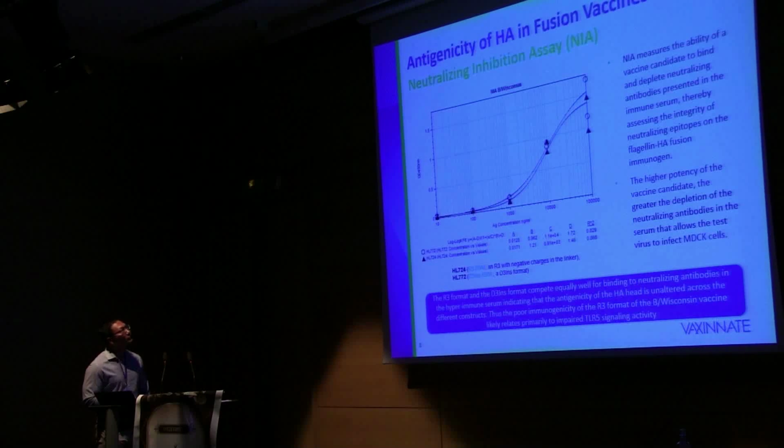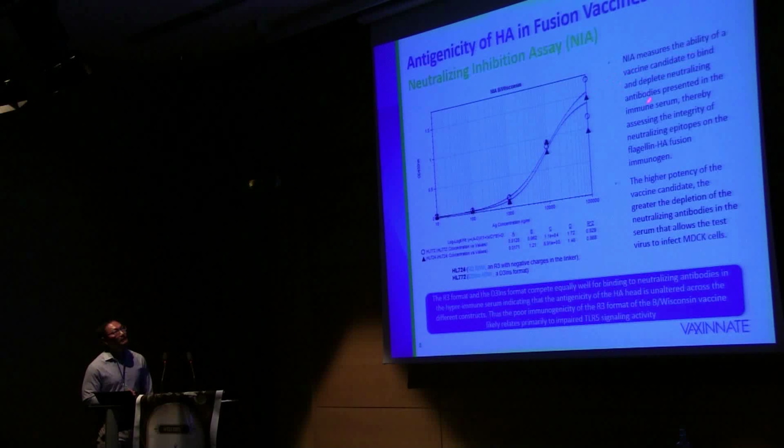In order to rule out that differences in the folding of the different formats may affect antigen presentation, we used the neutralization inhibition assay, the NIA assay, to assess the integrity of the HA head in the fusion protein.